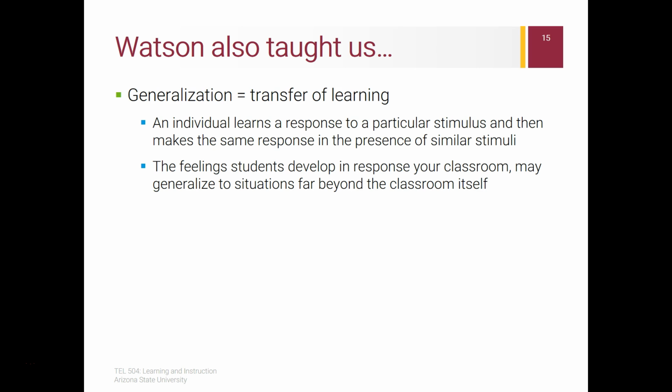He became classically conditioned to fear white fuzzy things. So this has implications for students in your classroom, because the feelings students develop in response to one classroom may generalize to another classroom. So if a child is fearful in Miss Jones's room and then comes to you, that child may still be fearful.